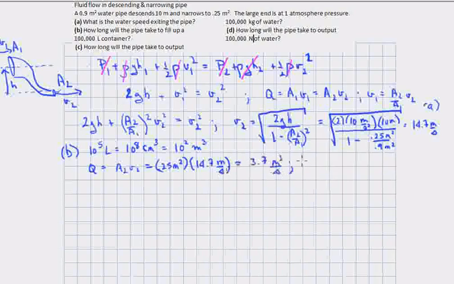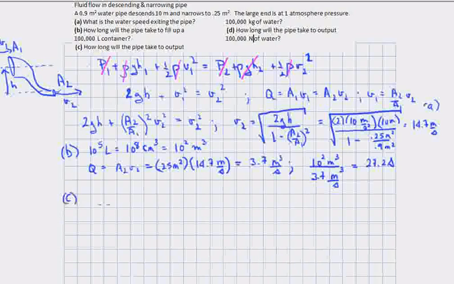And so the time taken is going to be this volume divided by the volume flow rate, 3.7 cubic meters per second. Note that I get time in seconds if I do this, and that's essentially 100 divided by 3.7, which comes out to be 27.2 seconds. And that's how long it takes to fill up a container with 100,000 liters.